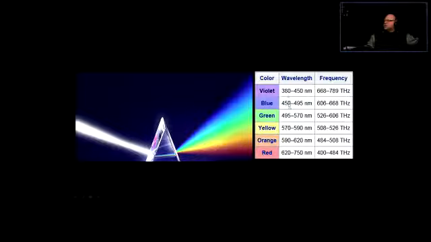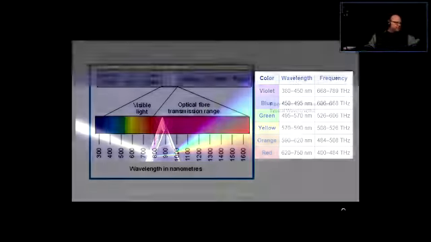As you can see, the wavelengths are getting shorter when we go towards the violet light. So shorter wavelengths, of course, are going to translate into higher frequencies, and the longer wavelengths here are going to translate into the lower frequencies. Yep. So now we get that out of the way.